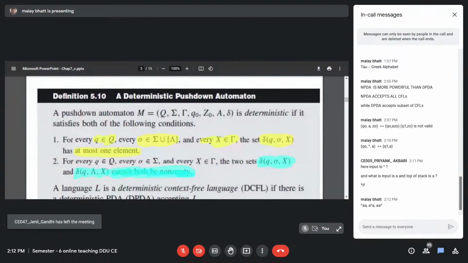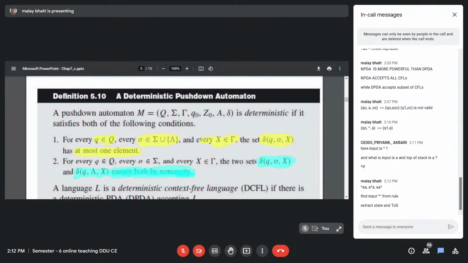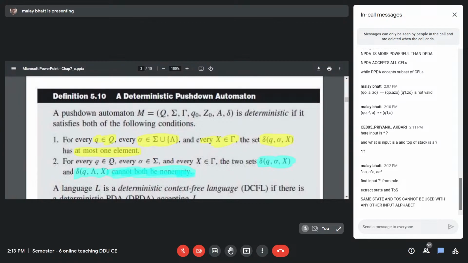The same state and top of the stack cannot be used with any other input alphabet, to get the determinism.